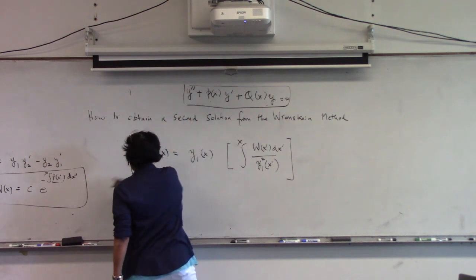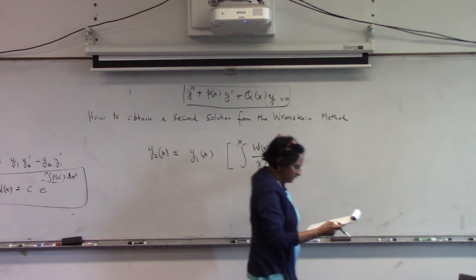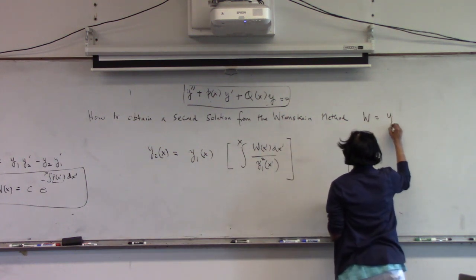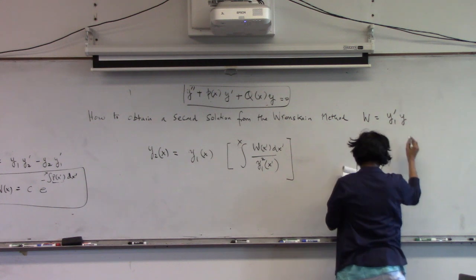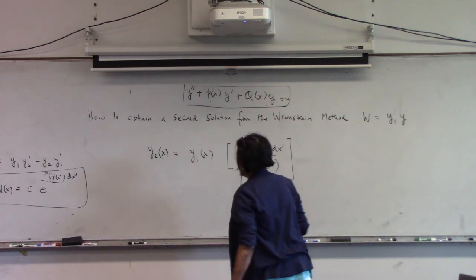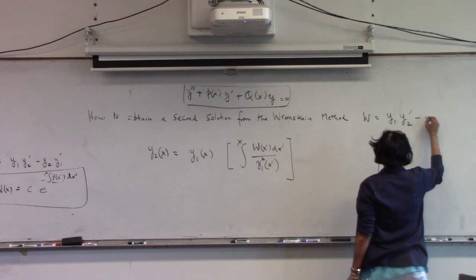So we have this formula, W equals y1 y2 prime minus y2 y1 prime.